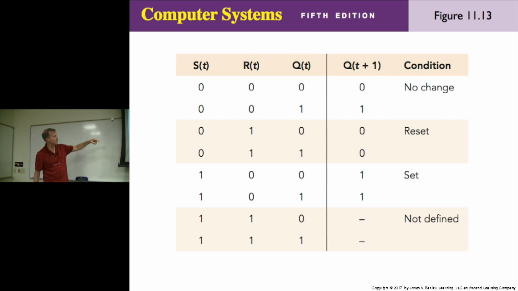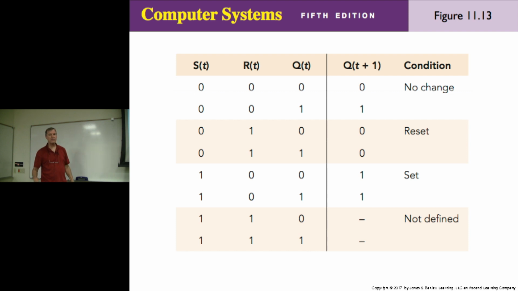If SR is 0, 1, S stands for set, R stands for reset, so that's the reset condition. And so regardless of what the input is, the Q at time t plus 1 is 0. And then if SR is 1, 0, S stands for set, so that sets Q to 1.